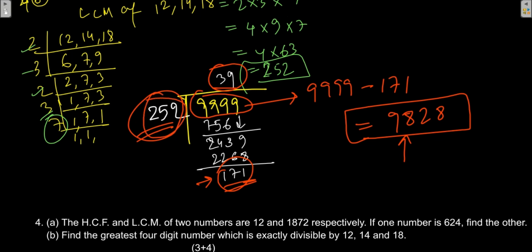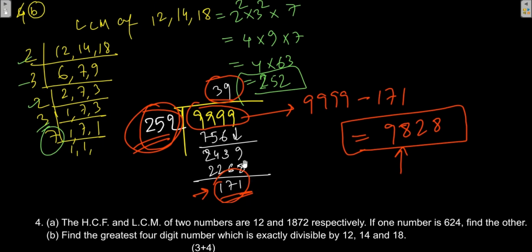Now some of you are thinking about the very first sum with which we started the video, where I went for the next multiplier, like 39. In that sum, it was the smallest 6-digit number that was asked.